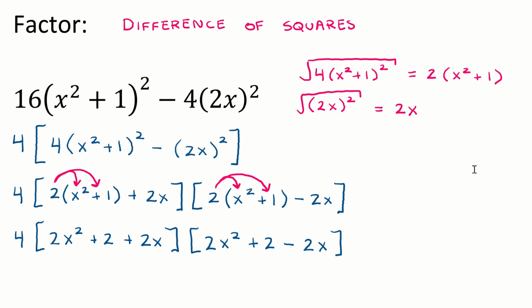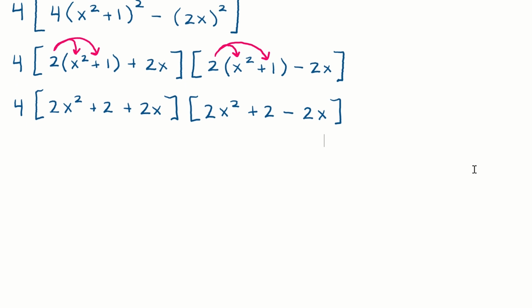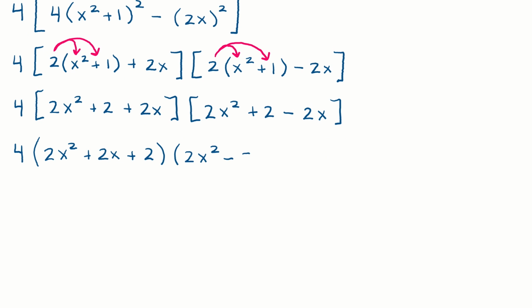So what I'm going to do now is write this in trinomial order. So I want my x squared term to go first, then my x term, and then my single digit. So how I'm going to write this out is 4 times (2x squared plus 2x plus 2), and my other one will be (2x squared minus 2x plus 2).